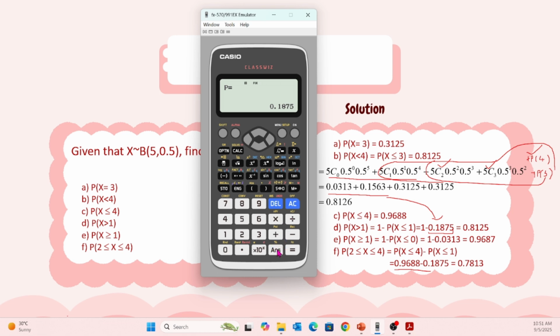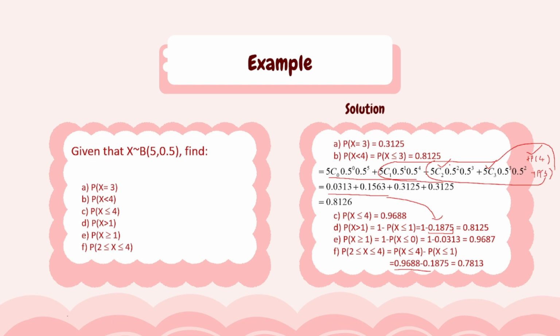This last value is stored in the answer. Now I go back to menu number 1. I will call back A, alpha A minus answer. So it's 0.7813.